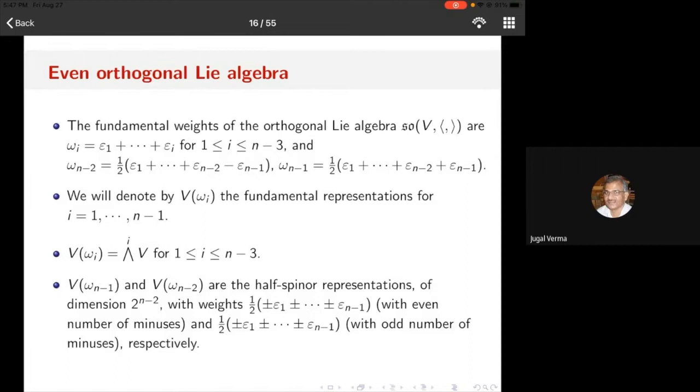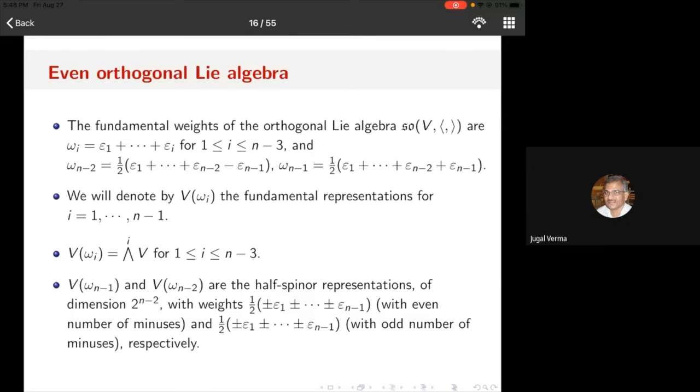And the other weights are omega_{n-2} and omega_{n-1}. The fundamental representation with respect to these weights omega_i is denoted by V_{omega_i}, and for i from 1 to n minus 3, this can be given as the ith exterior power of V.